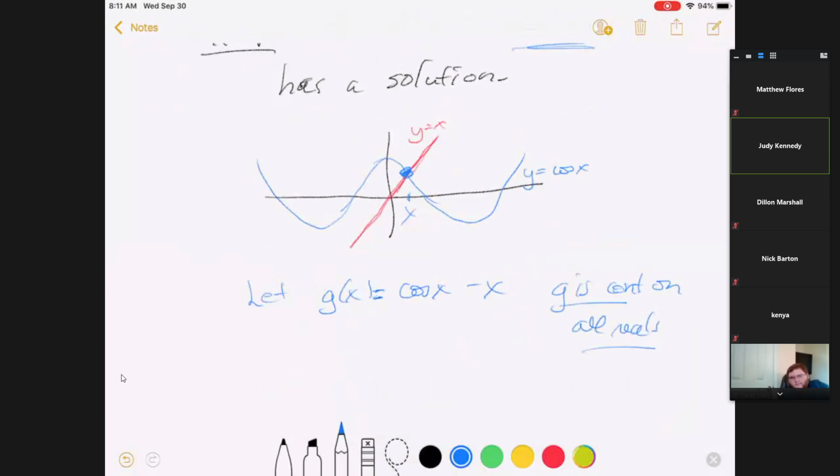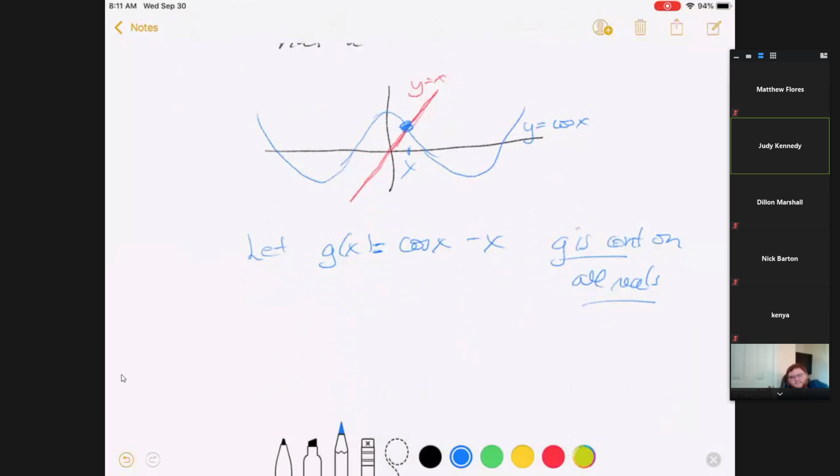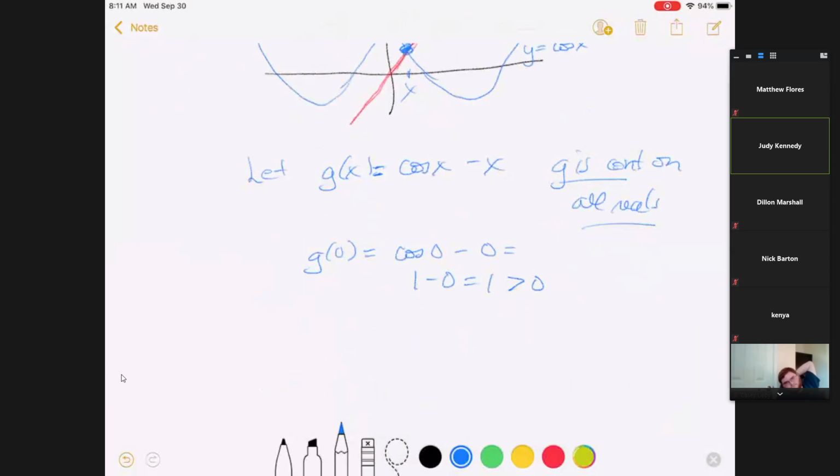But of course, the intermediate value theorem applies to closed intervals. So how about this? If I look at g of 0, g of 0 is cosine of 0 minus 0, which is 1 minus 0, which is 1, which is positive. And then I look at g of pi over 2.